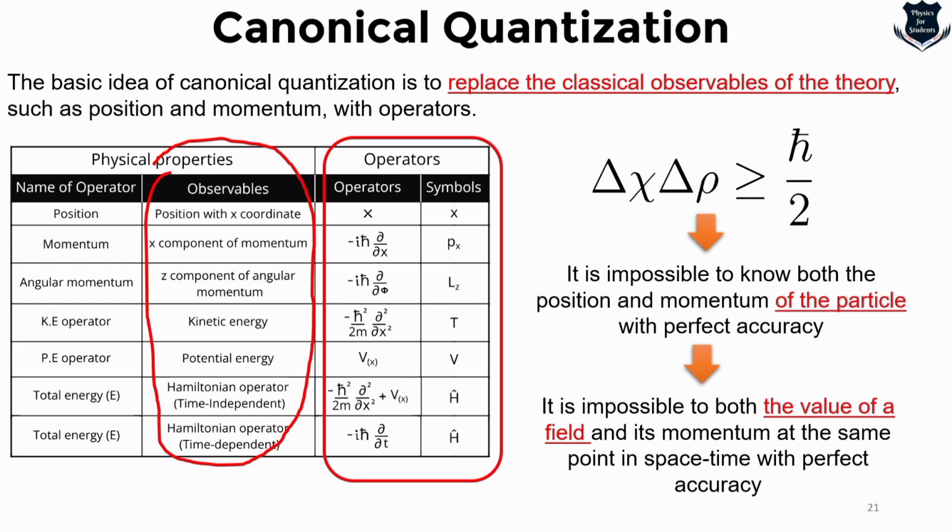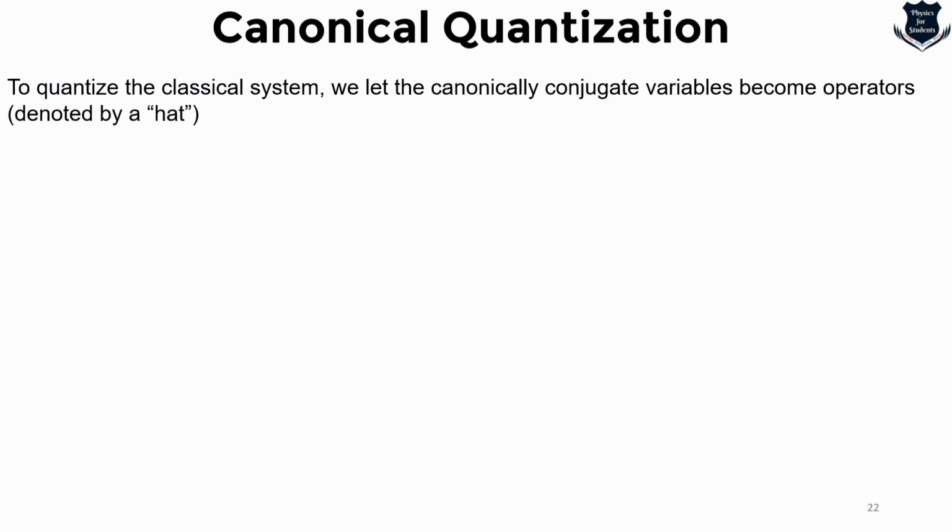Let me give you a very quick and easy mathematical example to understand that. To quantize the classical system, the canonically conjugate variables become operators, which are denoted by a hat sign, and we replace all the Poisson brackets by 1 over i h bar times the commutator of these operators.